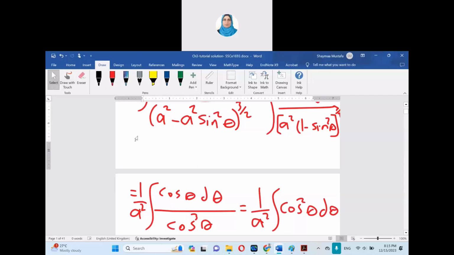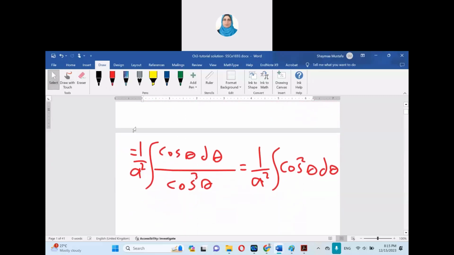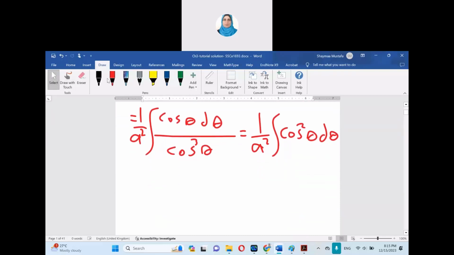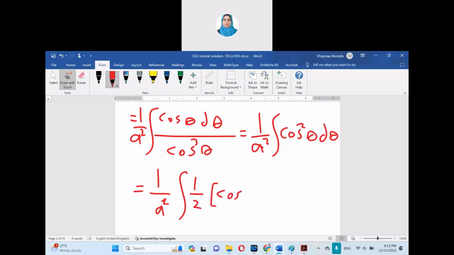Now for this you need to go for identities. I think you have to use the identity for cos 2 theta: 1 over 2 (cos 2 theta plus 1) d theta. Usually for sine square, cos square, tan square, we go for identities.